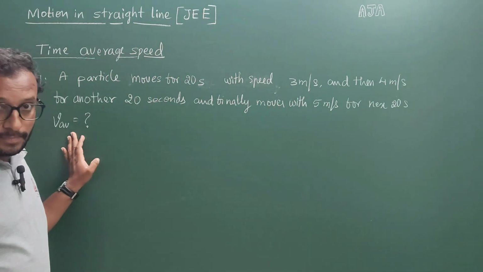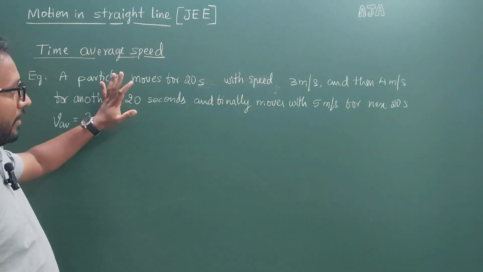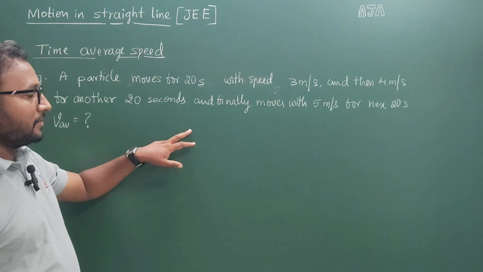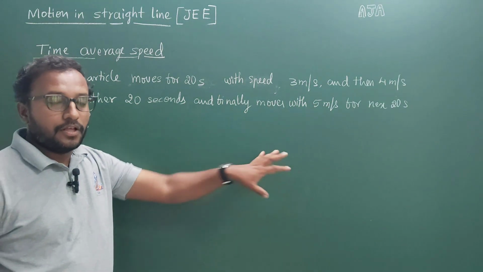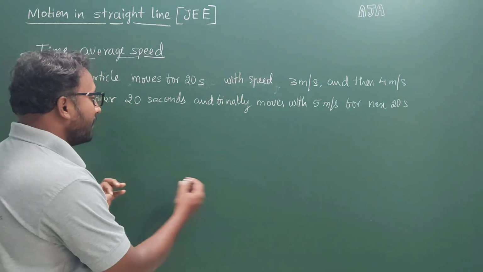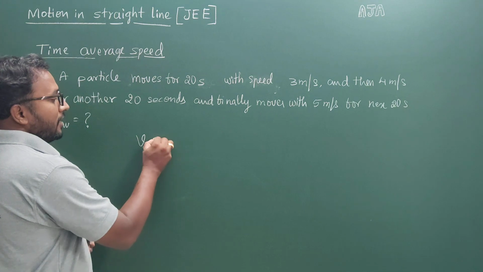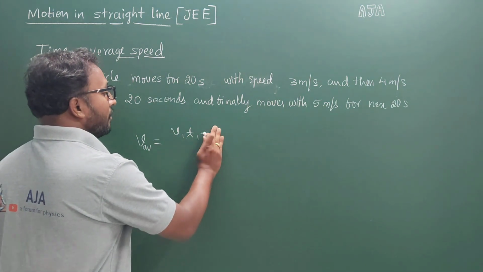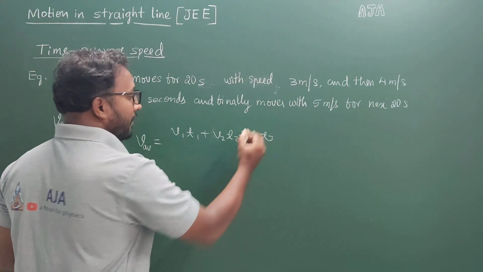So what is the average speed? Here the particle is traveling with different speeds 3, 4 and 5 meters per second for time intervals of 20 seconds each. So I will go with the time average speed formula. Time average speed is given by v1 t1 plus v2 t2 plus v3 t3.